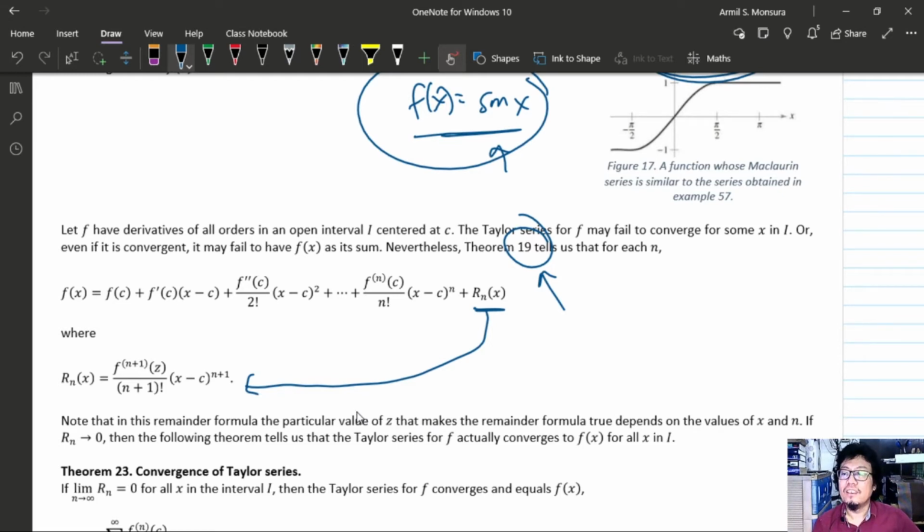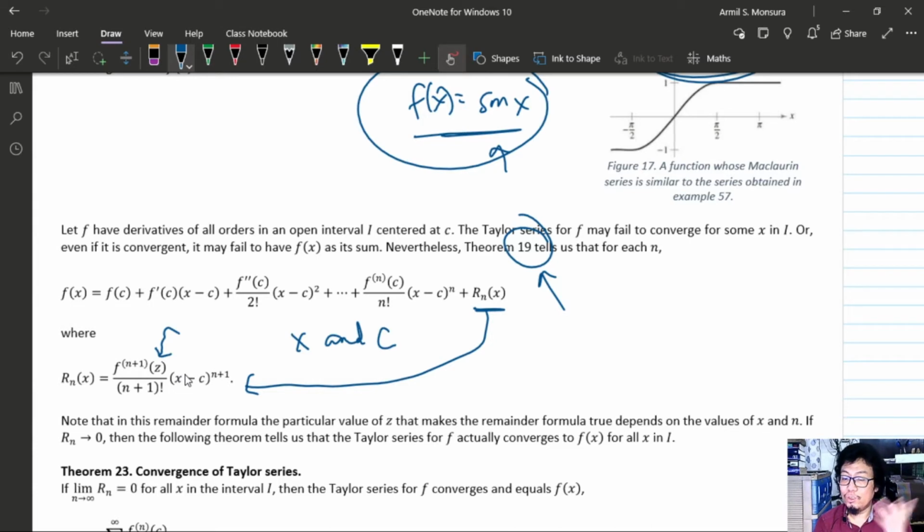But the problem that we have been encountering with this remainder is that it requires us to know the value of z, which we only know is between x and c, but we don't know its exact value.